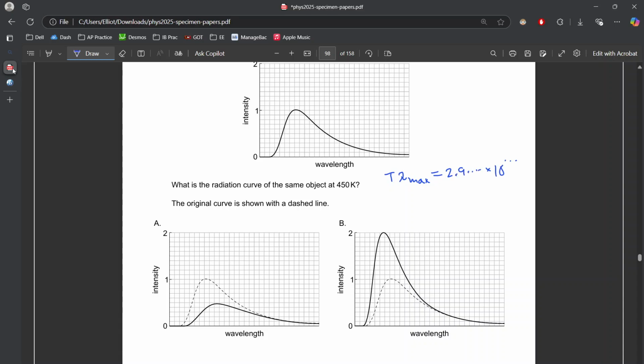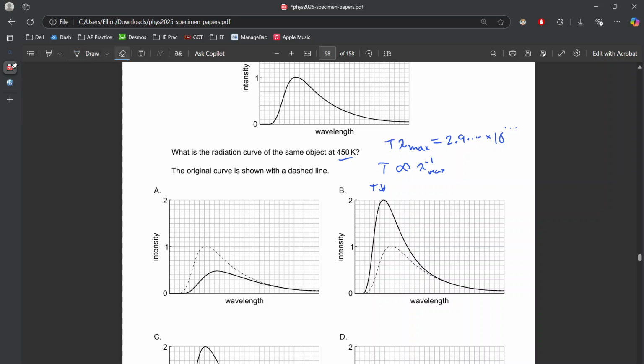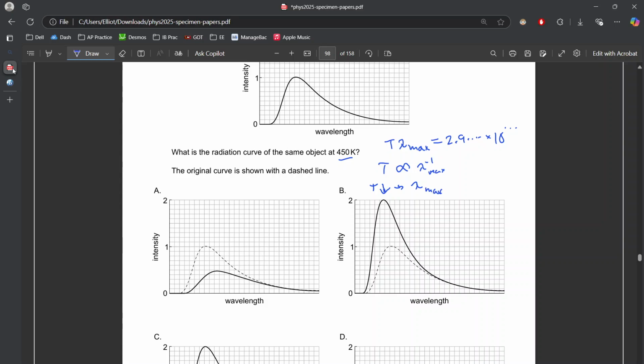It just says that temperature is inversely proportional to wavelength max, which means that if the temperature decreased, which it did in this example, then that implies that wavelength max increased.